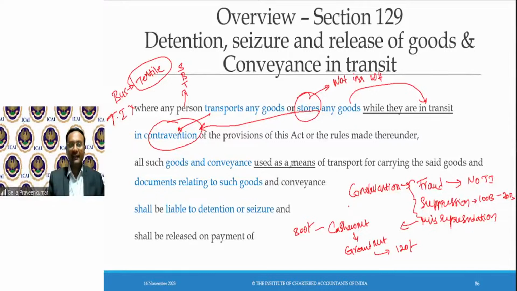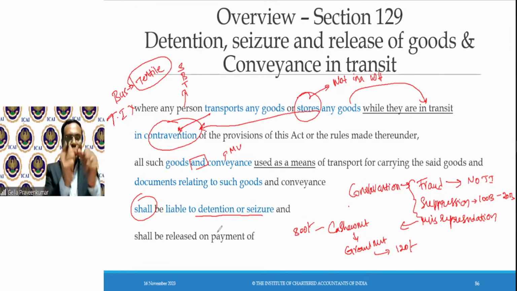All such goods and conveyances, the provision says, all such goods and conveyance. Conveyance is your motor vehicle. Please remember, give a proper advice to your customers. Any vehicle which is used for this particular activity, used as a means for transportation, shall be liable for detention and seizure.